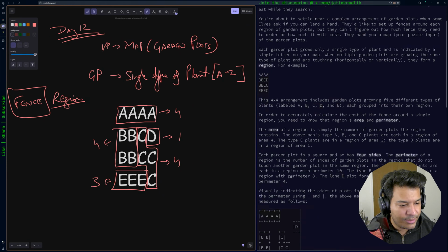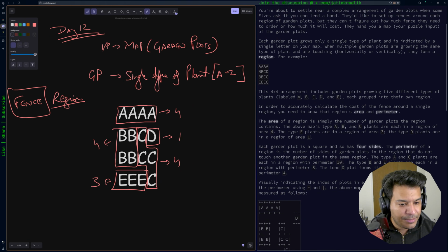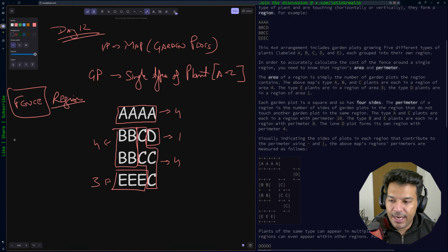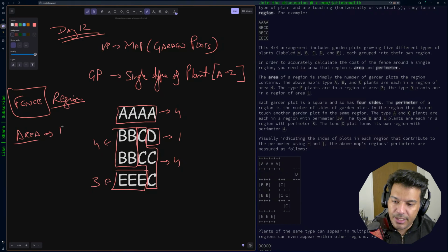And I think that's what they are saying here: A, B, C are each in a region of area 4, and the E-type plant is in a region of area 3, and D is 1, exactly. And it's said that our area is just the number of plants in a region that is given to us.